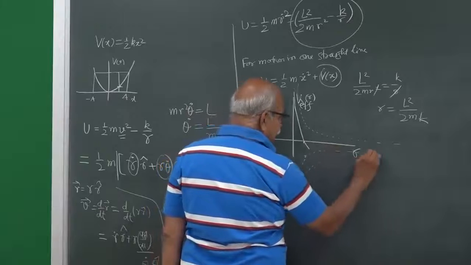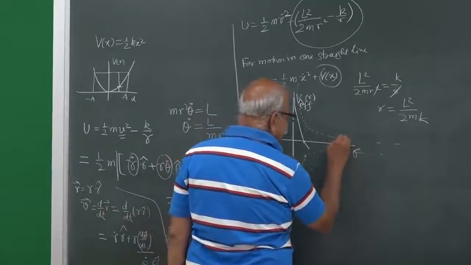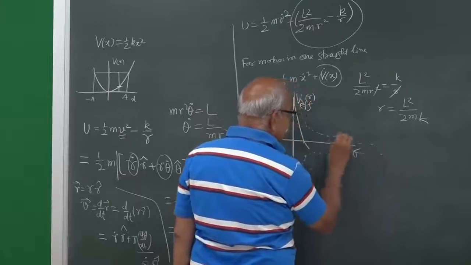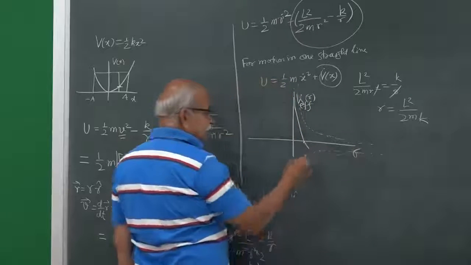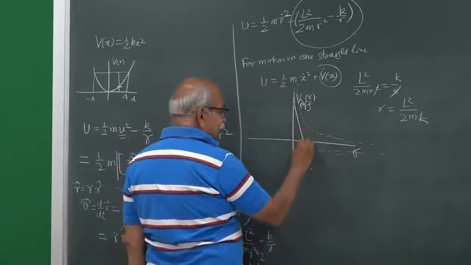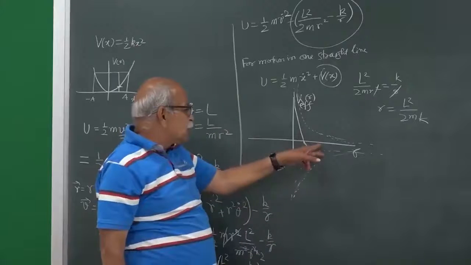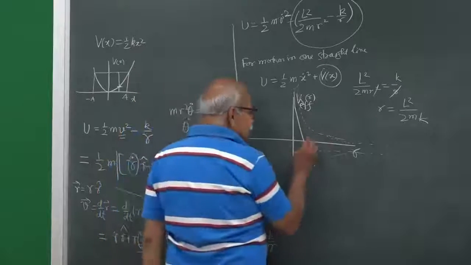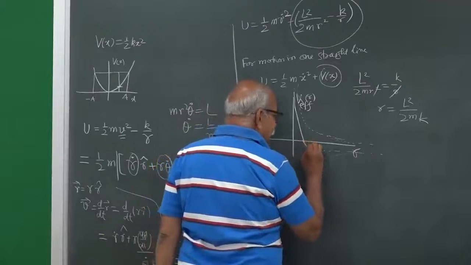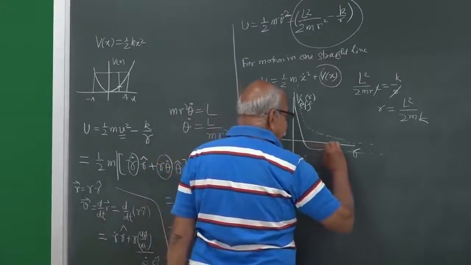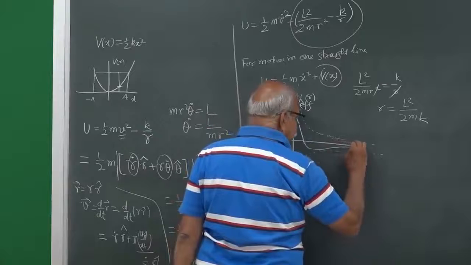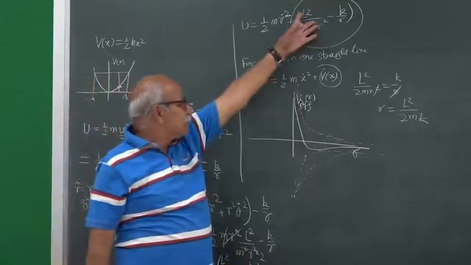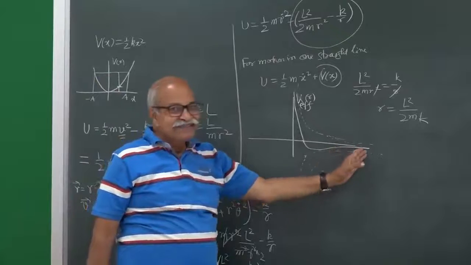The L square term will be falling much faster. Here they are equal, and therefore it will come like this. After this, the minus k by r term will dominate, and this will become smaller and smaller. So, this whole quantity, if you plot, will be of this type.